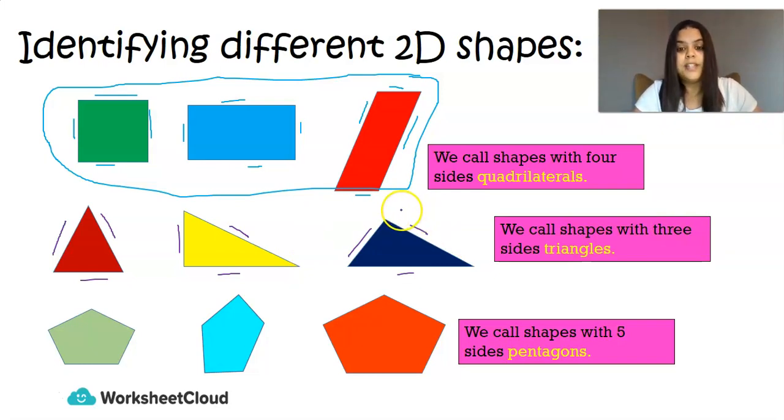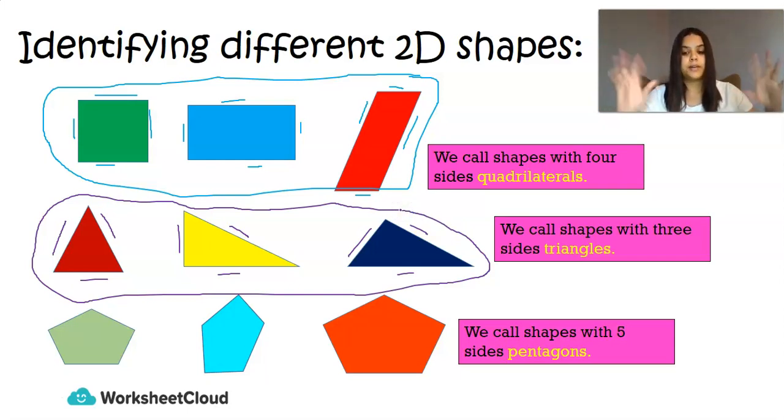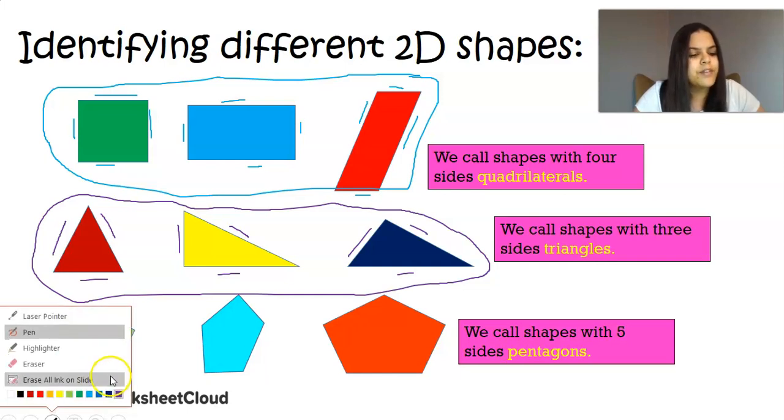And like the quadrilaterals, I'm going to draw a very skew circle around my shapes so that I can group them together. Now we're going to move into some of the shapes that some of you might not have known, okay? We are going to move into shapes that have 5 sides.